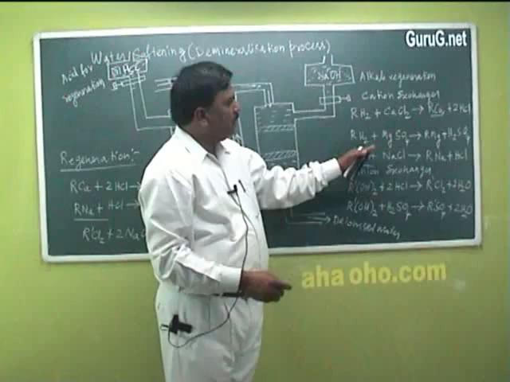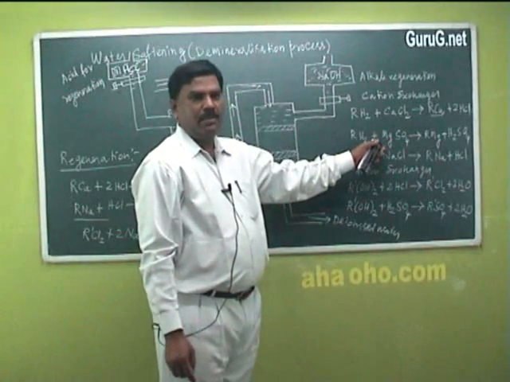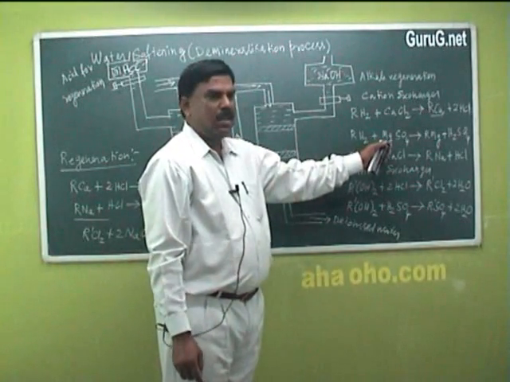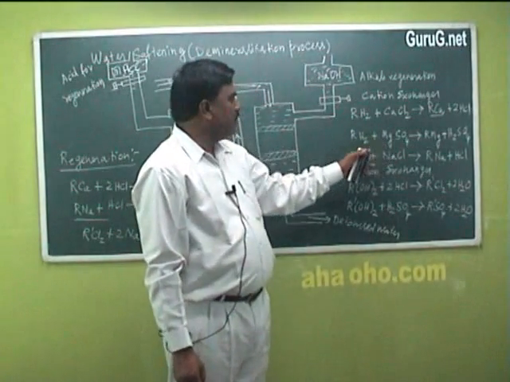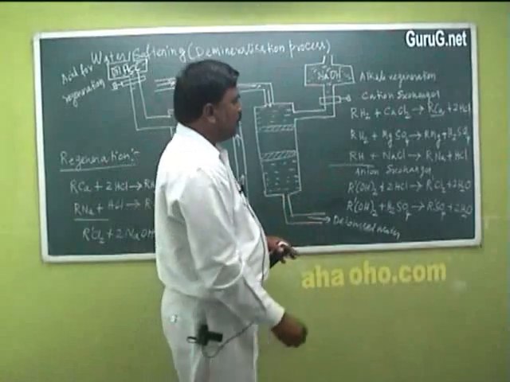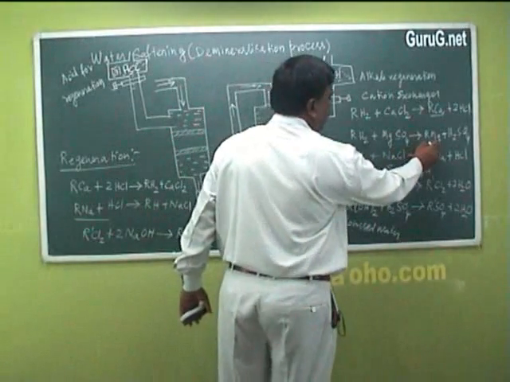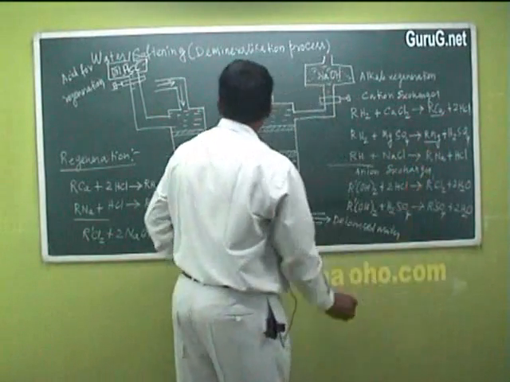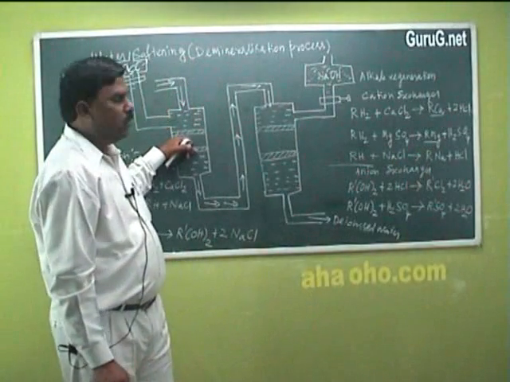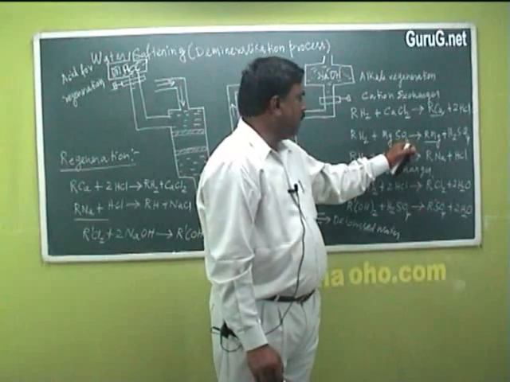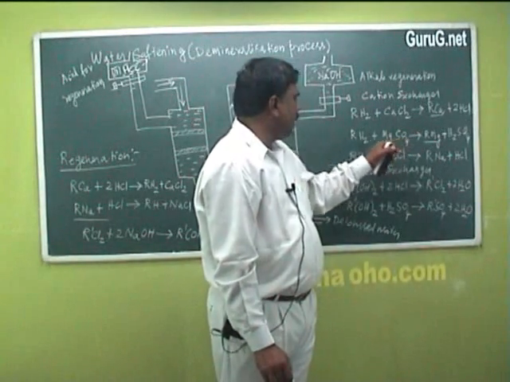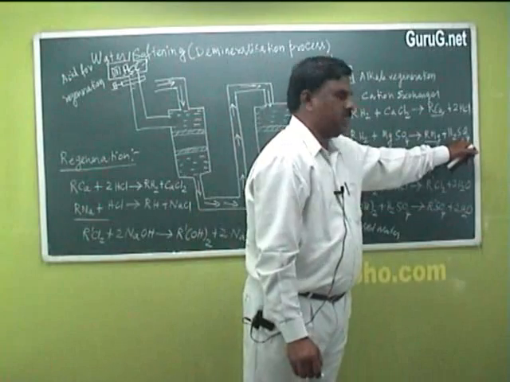Like that, when the water has magnesium sulfate, the magnesium ion is absorbed by the cation exchanger. The magnesium combines with the resin group and is retained in the column. The sulfate ion and H give sulfuric acid.